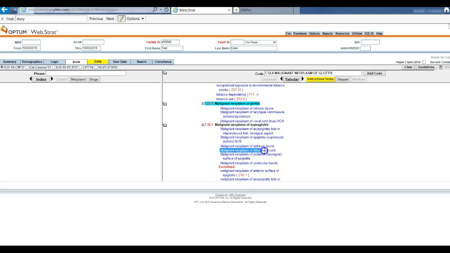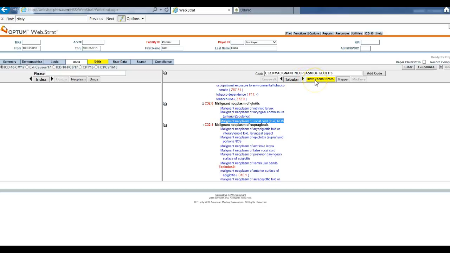And as you can see, you have the word false vocal cord, and you need to find the code for true vocal cord. Okay, so this is malignant neoplasm of vocal cord true. It's giving you this code here, and this is a freebie.